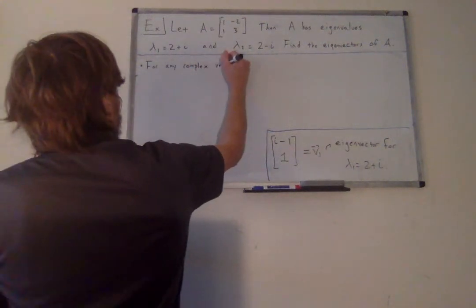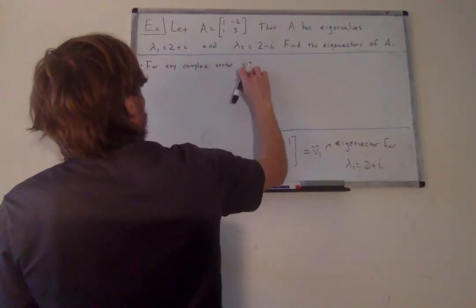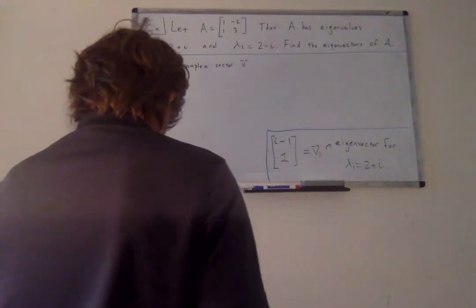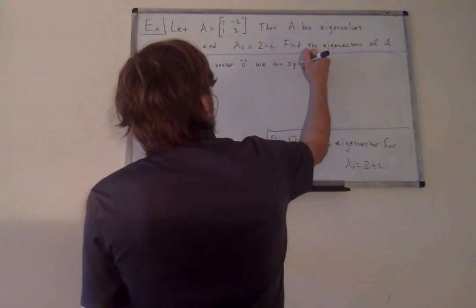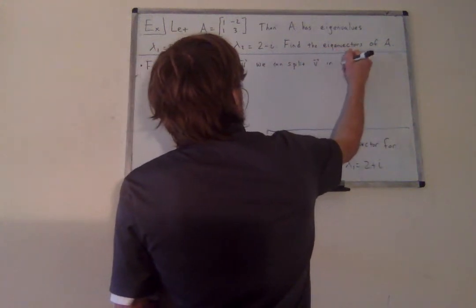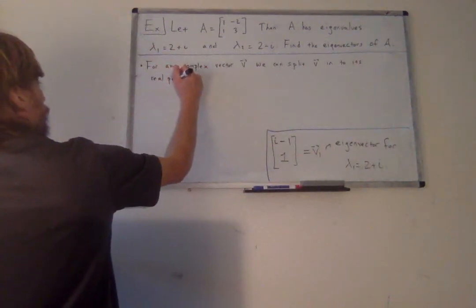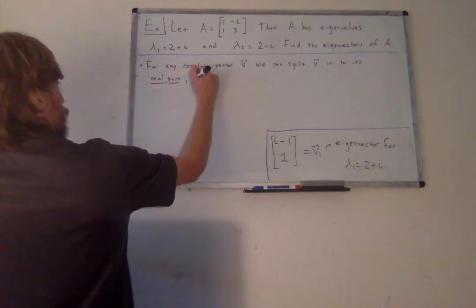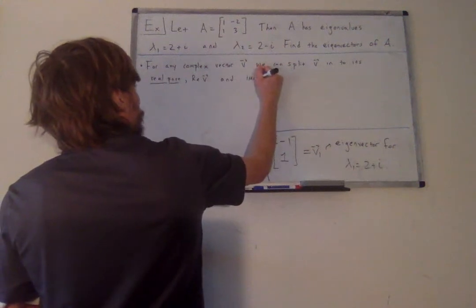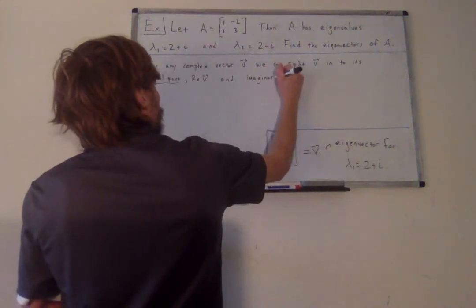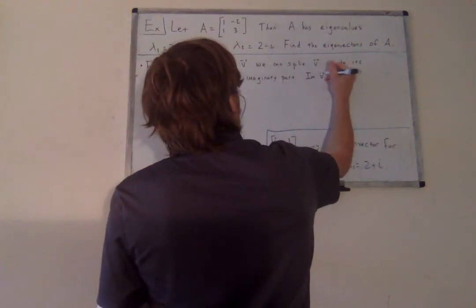So for any complex vector v, we can split it into its real part, which we'll denote Re of v, and imaginary part, which we'll denote Im of v.